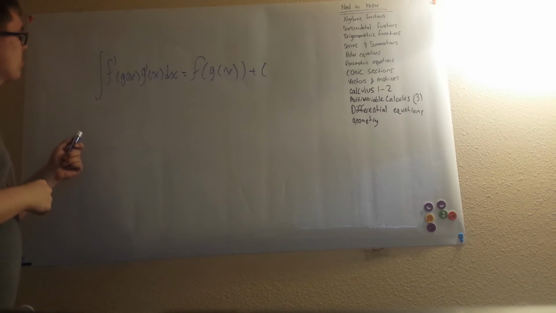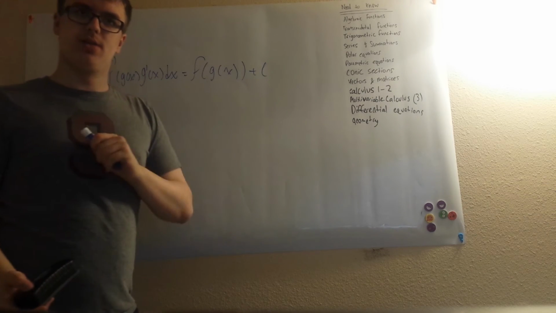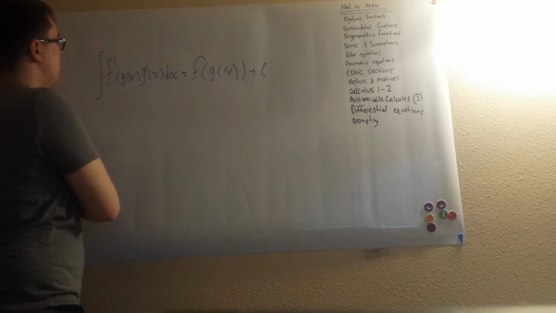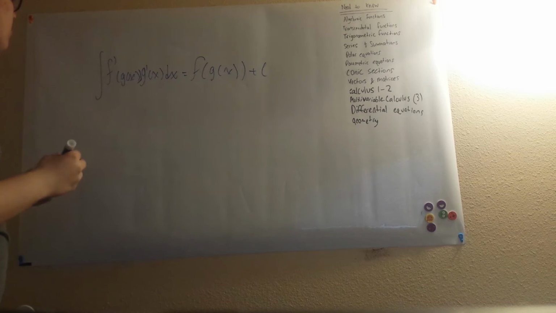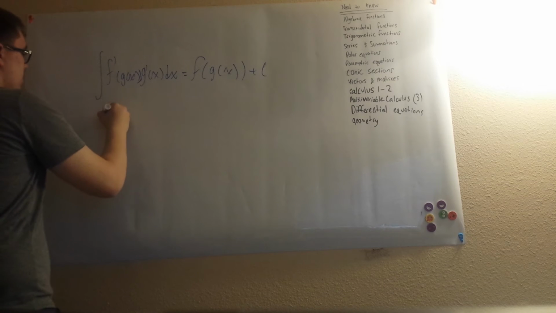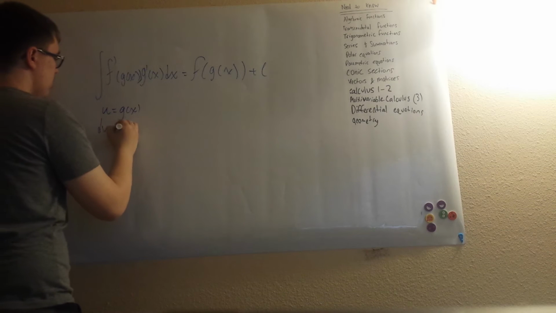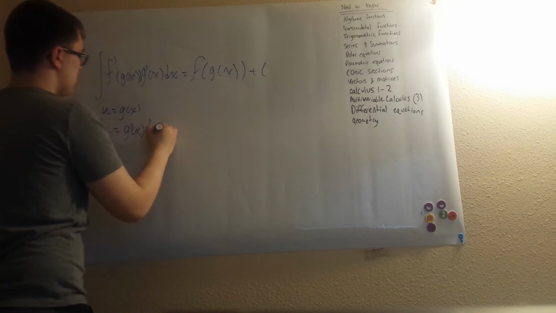You gotta remember that this is what you're doing. We have our u substituting for g of x, and our du equals g prime of x dx.